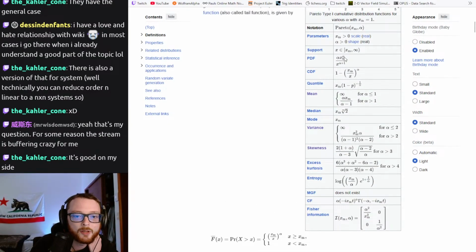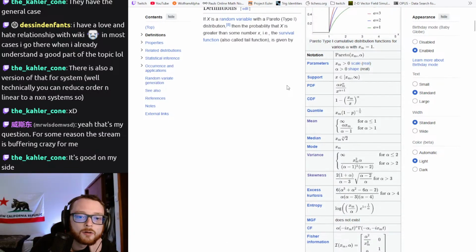Oh, okay, so there's the PDF. Alpha x sub m to the alpha over x to the alpha plus one. What is x sub m? Is that determined by theta? It's just a parameter, I guess?